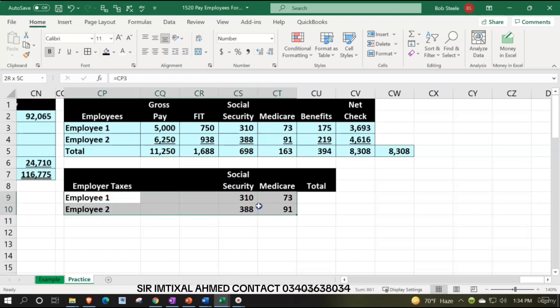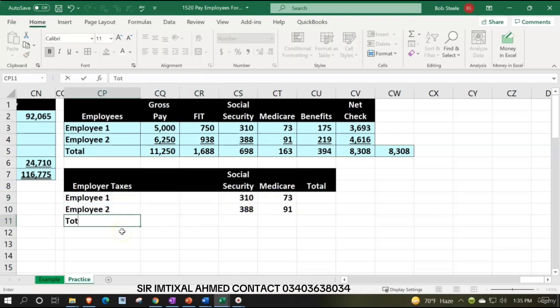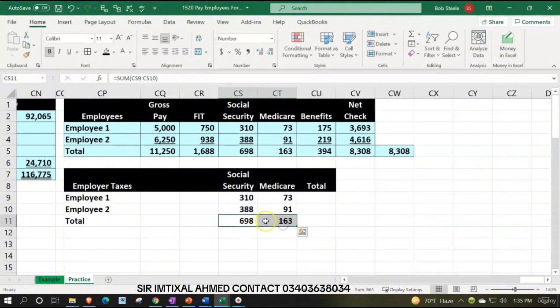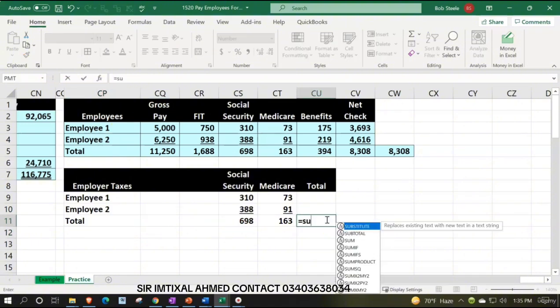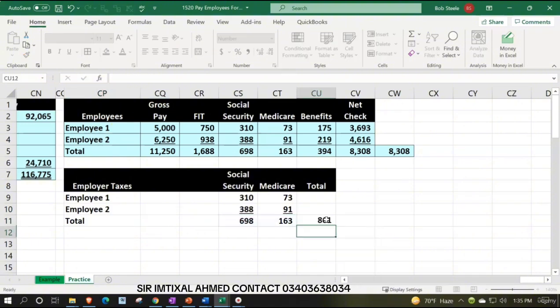So then I'm going to total this up. Total. Let's sum this up, equals the sum of these 2. These are the taxes that we pay over and above. Underlining this item, font group, and underline it. And then we can total that up this way, equals the total. Like so. So that looks good.